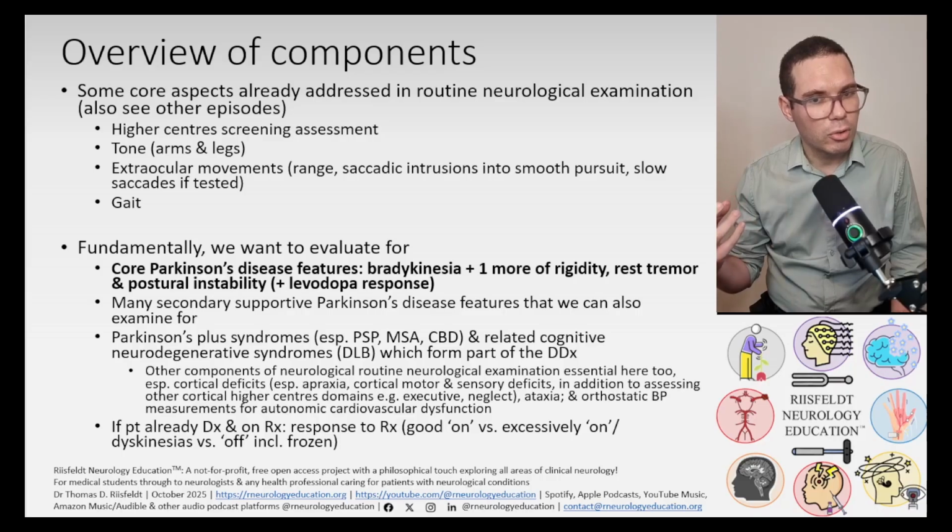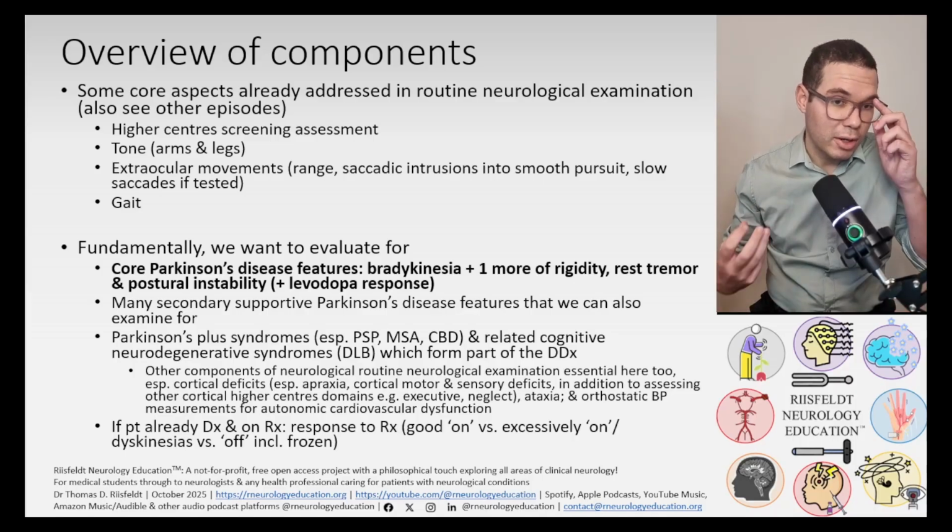And there are also a number of related cognitive neurodegenerative syndromes, in particular DLB, dementia with Lewy bodies, which have strong extrapyramidal features, and they all also form part of the differential diagnosis.